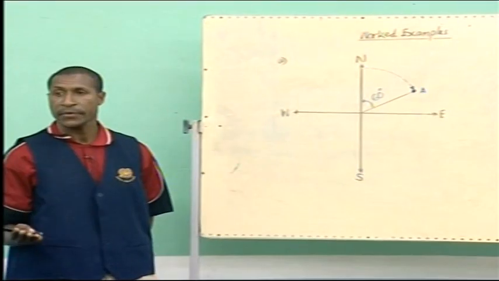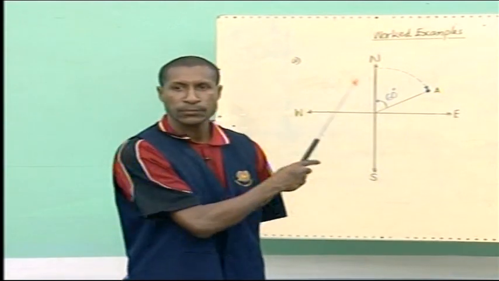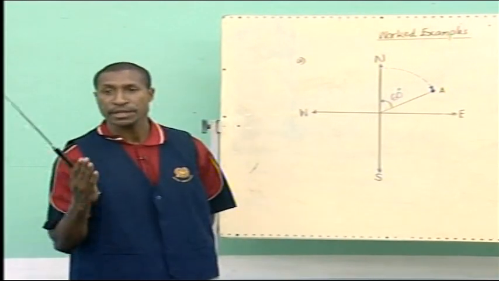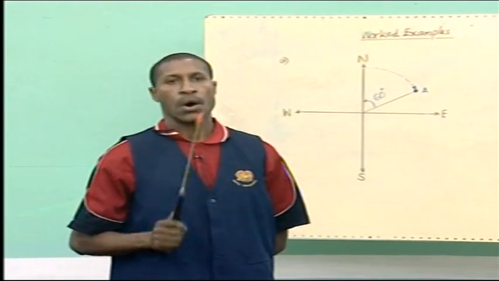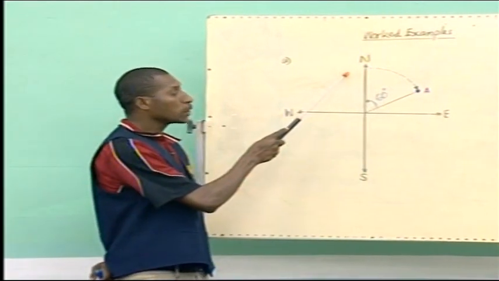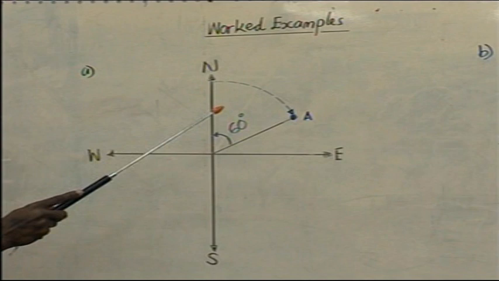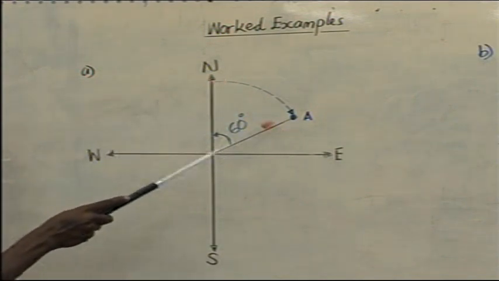Now, to read the bearing, what did I just explain to you before we came to the work example? How do we measure bearings? Okay. We measure bearings from north in an anti-clockwise or clockwise direction? Clockwise direction.